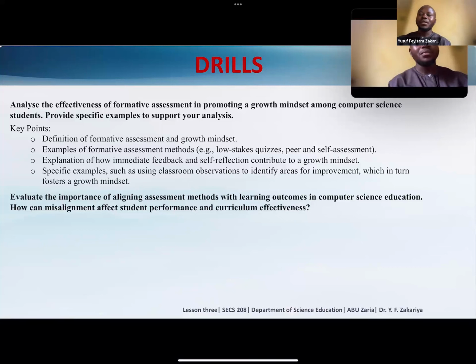Okay, sir. Following the first step you gave, I think the first thing I would do is to define assessment methods. And then give a little note about misalignment. Okay.